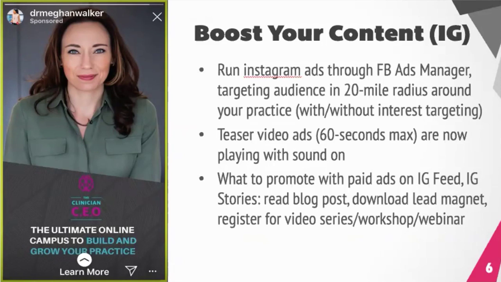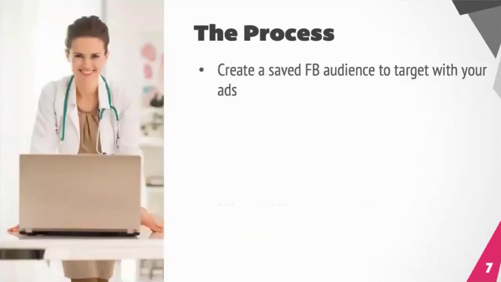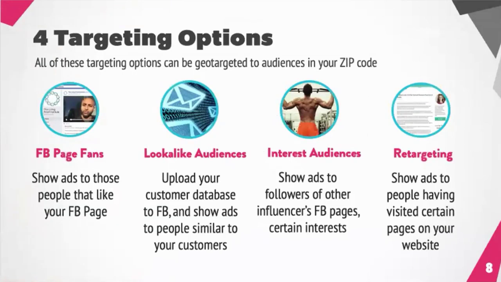So from a very practical perspective, the next thing that you then need to know is what's the process. And the first process is to create a bucket on Facebook with the audience that you want to target with your ads. So again, you have 4 targeting options with Facebook ads and Instagram ads. The first one is you could say, I want to target people that are Facebook fans of my Facebook page.